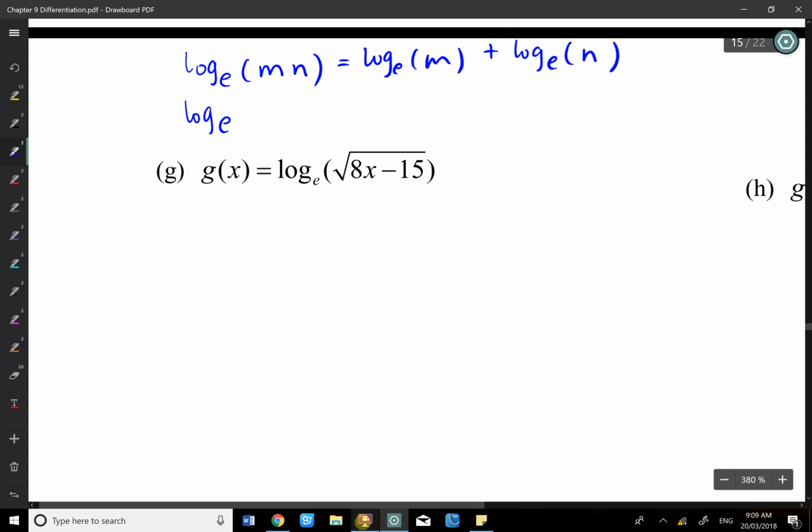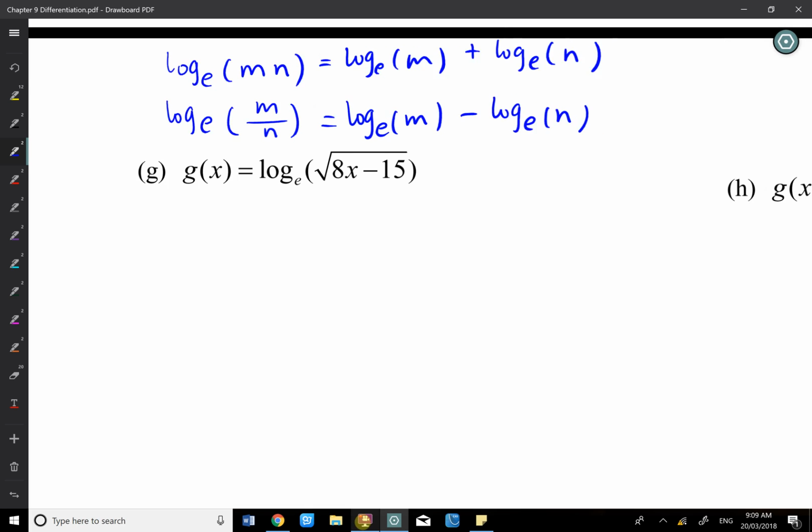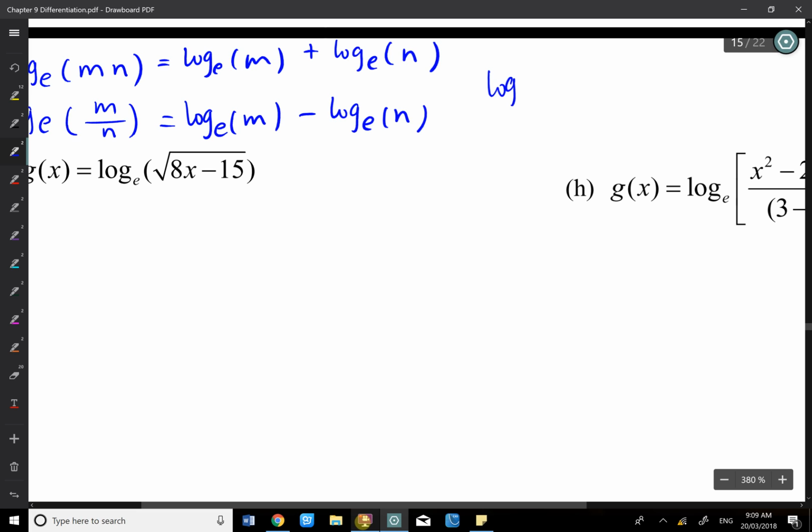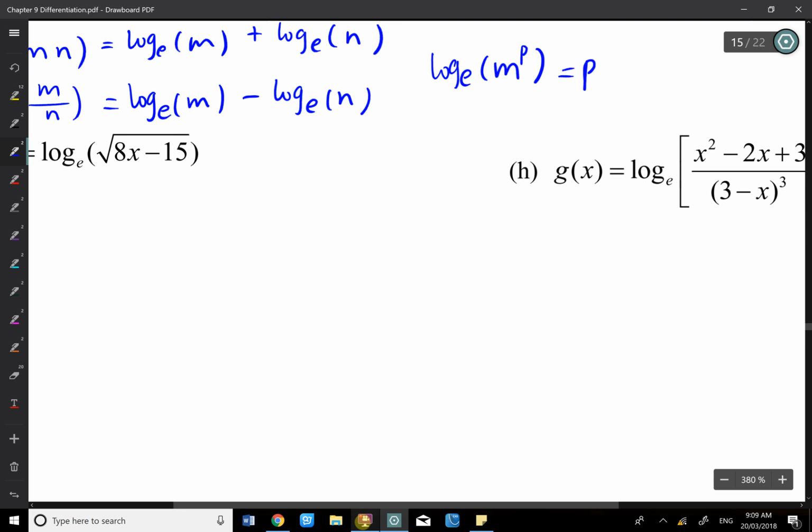Log of m over n is log m minus log n. Can we do that? If we can, we change the equation first. The last one is log of m to the power of p, which is p times log m. Can we do that? If we can, we do it.